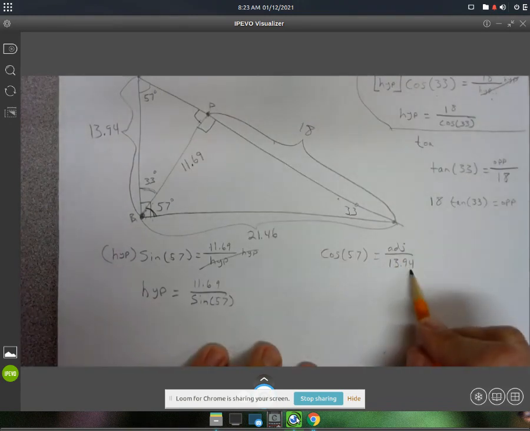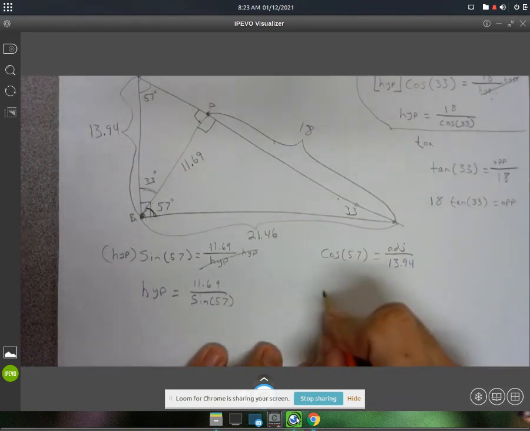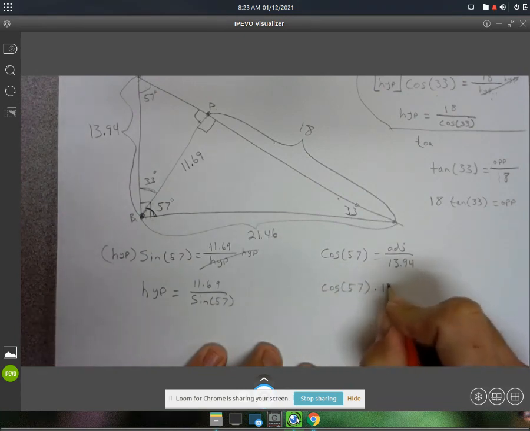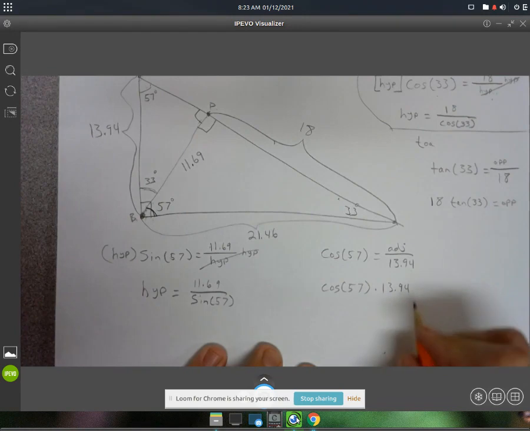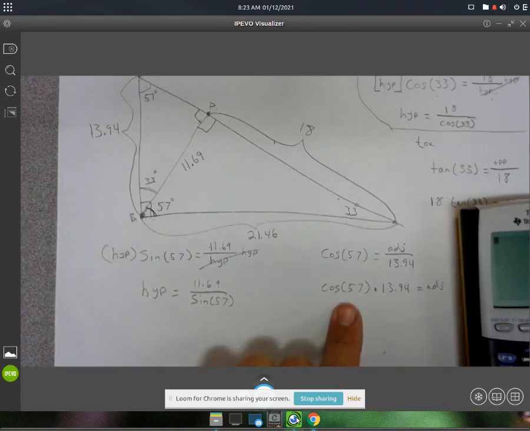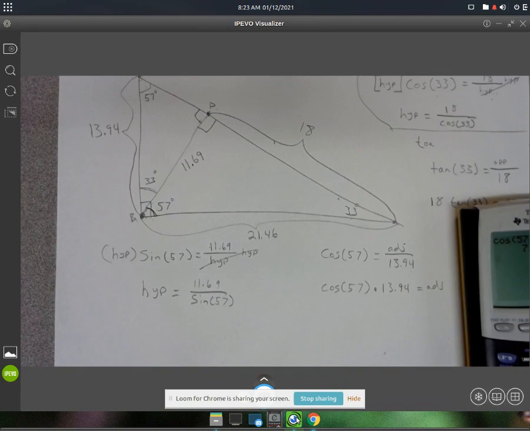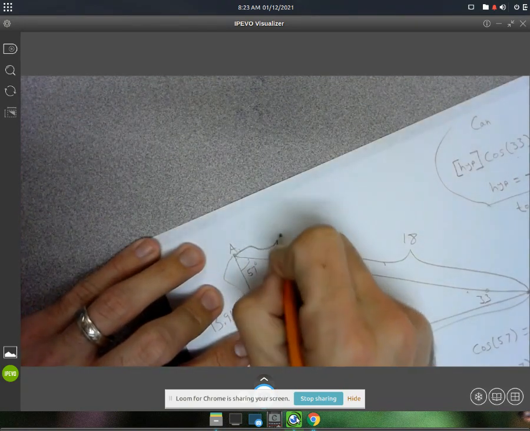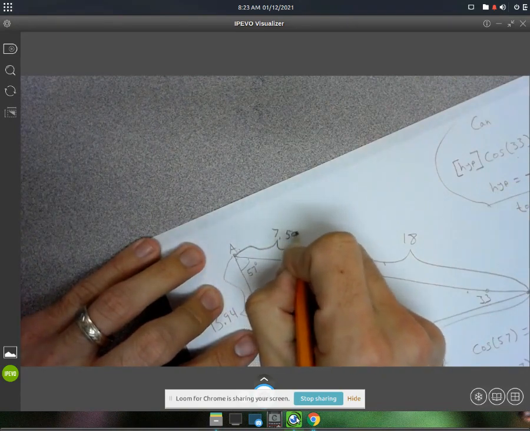Multiply through by 13.94, and you get cosine of 57 times 13.94 equal to the adjacent side. You get 7.59, so this piece right here is 7.59.